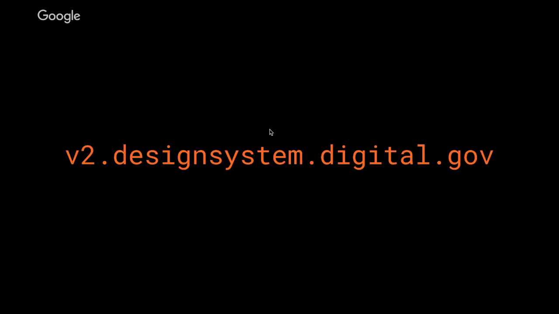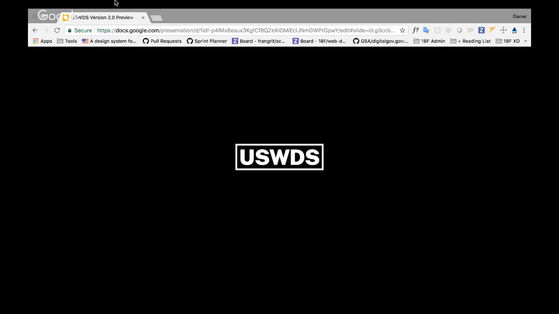Rave about it. We want to hear what is working and what isn't working. We won't be able to necessarily make every change, but we are working to make a system that works for you and works for us and is a really exciting thing for the future. And that's version 2, and that is the end of my slide deck.